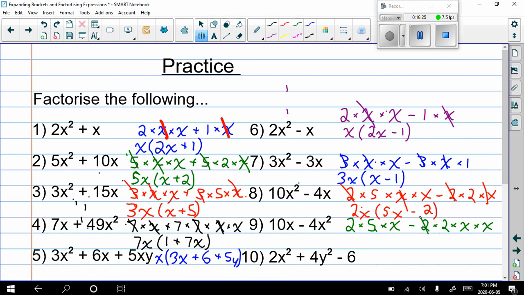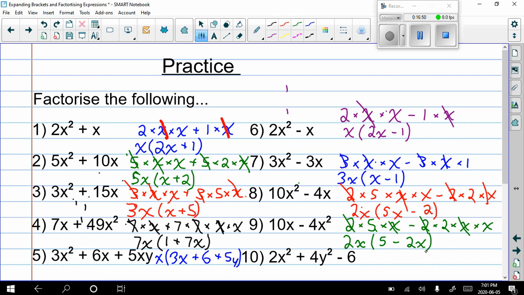Well, we have a 2 in both and we have an x in both. So we're going to write it as 2x, 5, so 5 is left over, minus 2x. Notice, while they look similar, 8 and 9 give very different answers, because the 5 has the x in the first one, and the 2 has the x in the second one, or the negative 2.